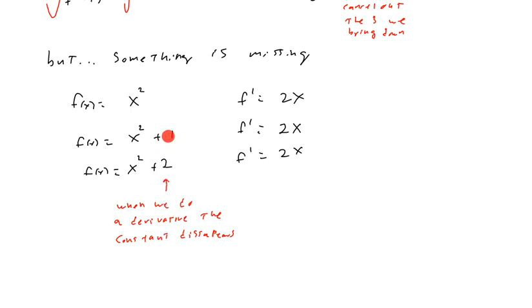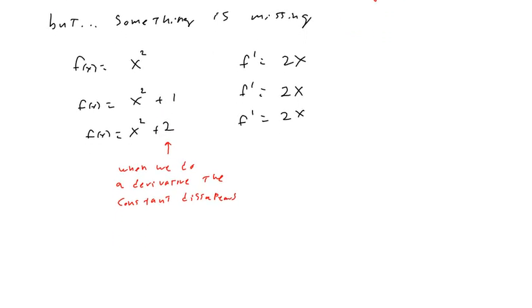There is simply no way to know which original equation I started with if my derivative is 2x. It could be any number. There could have been any value here that just got wiped away. And so when I do this integral, I have to imagine that there might have been a number that I just don't know.